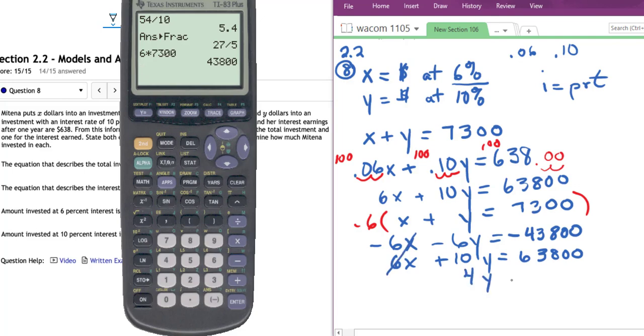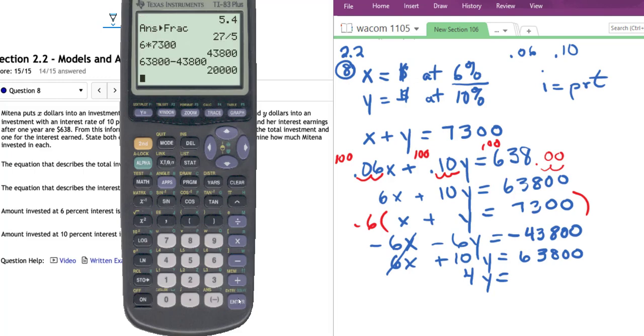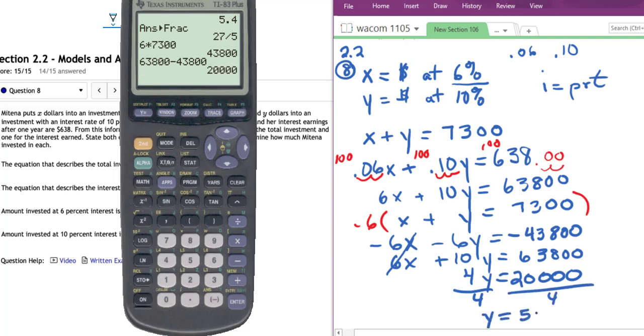So I get 4y equals, I'll go back to my calculator, 63800 minus 43800 equals 20,000. Divide by 4, and I get y equals 5,000.